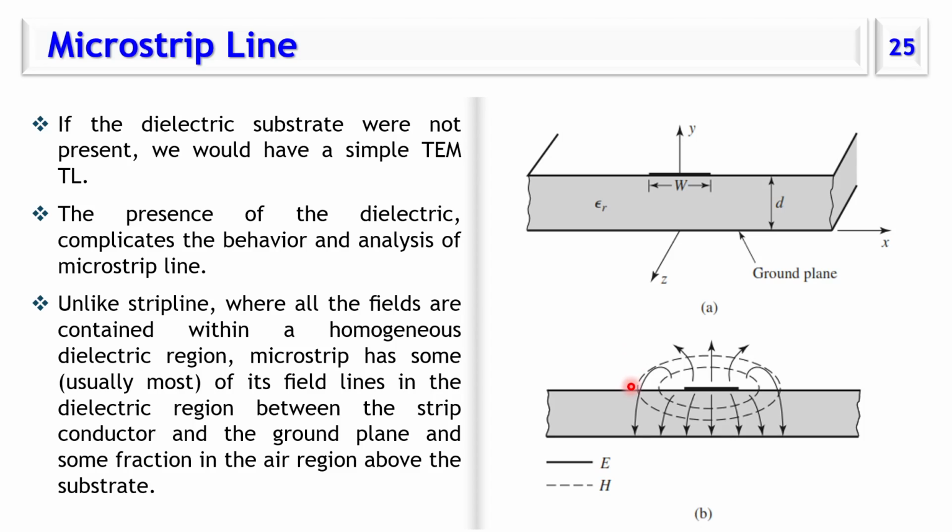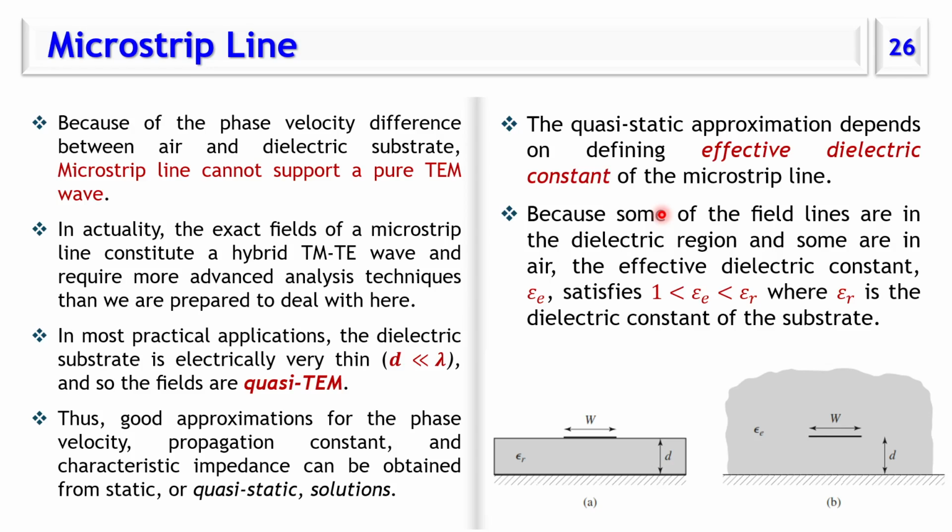Because of the different phase velocity in air and in dielectric material, theoretically speaking, it can't support a transverse electromagnetic mode. But in most applications the separation, the height, is small, and the majority of the field is propagating in the dielectric material, so we can assume a quasi-static or quasi-TEM mode.